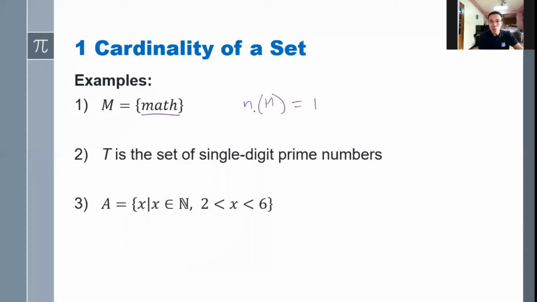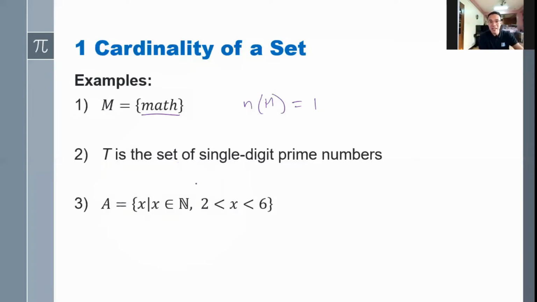Remember, in a set, when you write the elements, you are going to separate each element by a comma, right?